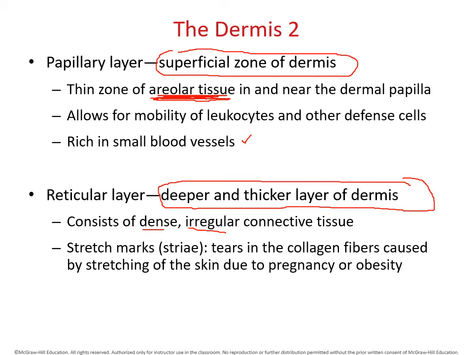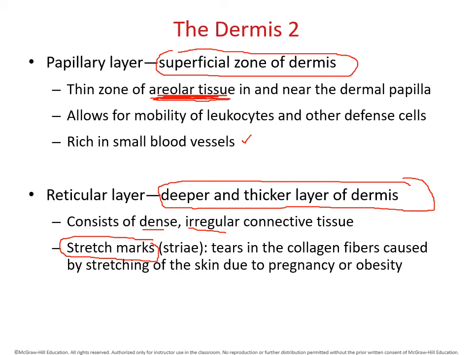And something interesting to point out: stretch marks. If you have stretch marks anywhere on your body, this is due to tears in the collagen fiber. If there is ever an expansion of the dermis layer, whether abruptly or quickly, for instance, maybe over the holiday we ate a little too much food and gained a little weight, our belly is a little larger than normal, or if someone becomes pregnant, or even if you start working out and the muscles start expanding, the dermis layer has to expand rather quickly.